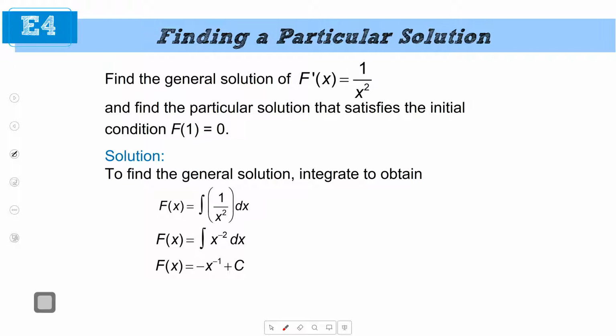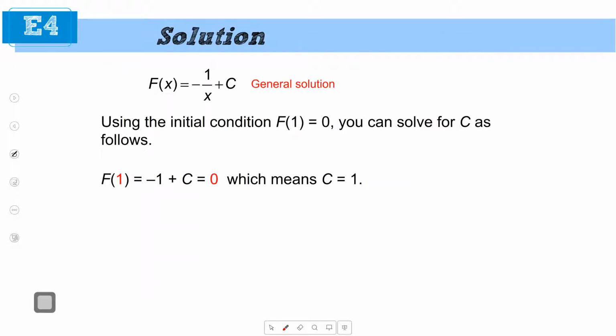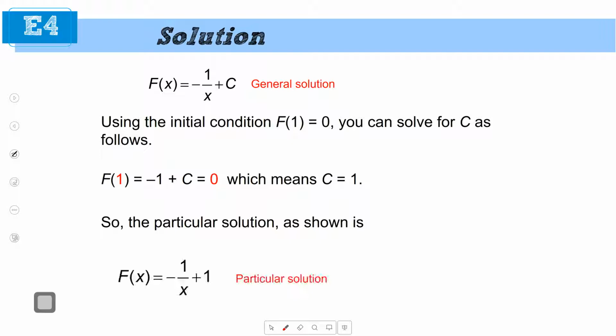Plug 1 in for x, plug 0 in for y, and we get, sorry, I'm going too fast, that. C turns out to be 1, which means our final answer is that. Only one possibility now, not an infinite number of possibilities.